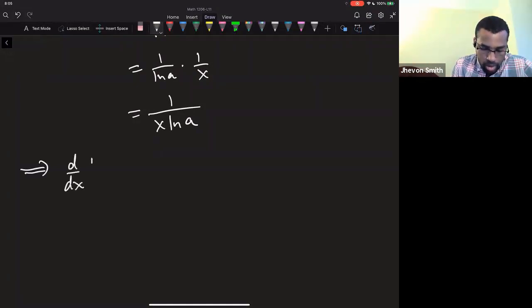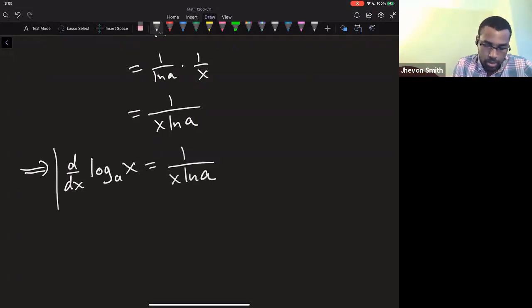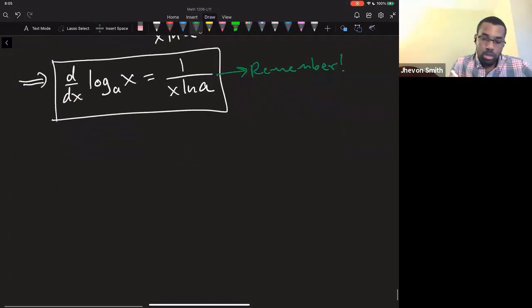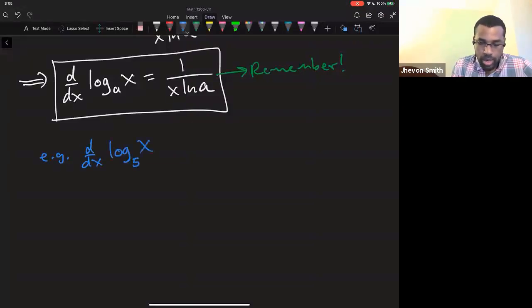So the derivative of log to the base a of x is 1/x ln a. Remember that. Okay. Example. The derivative of log to the base 5 of x is 1/x ln 5.